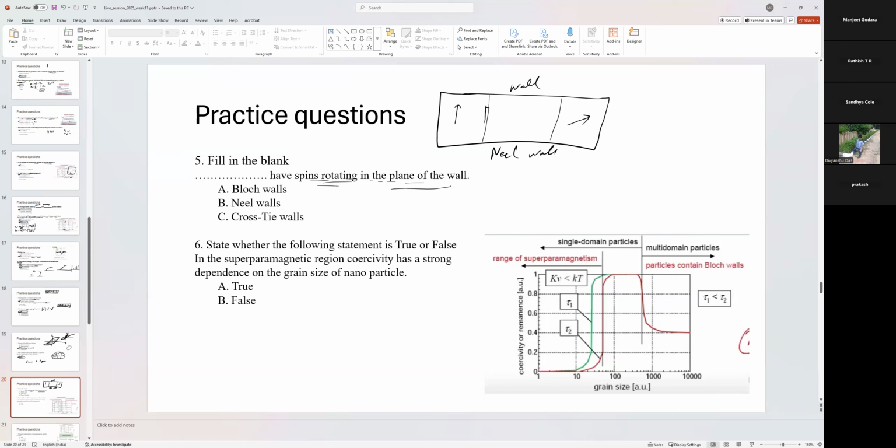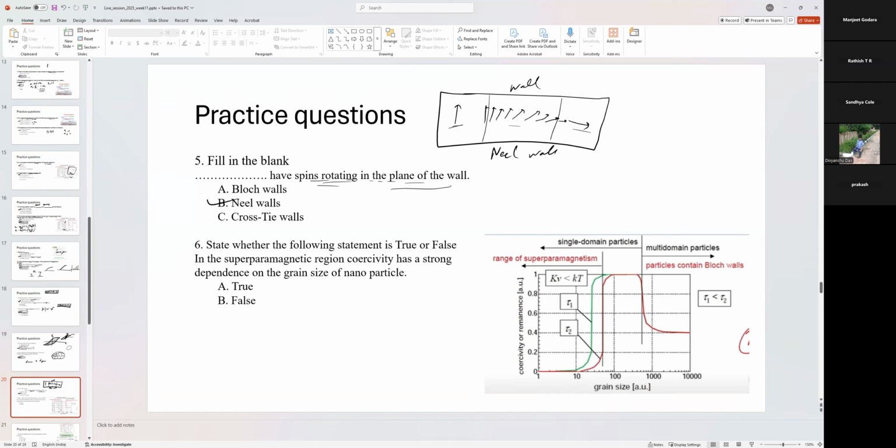You started from this direction and slowly move. When one domain's spin is in this direction, the other is in this direction. It is slowly transitioning. Here we go.